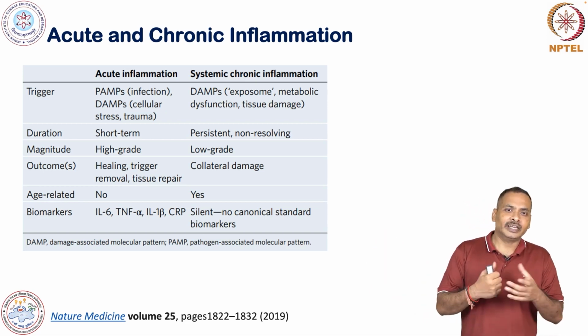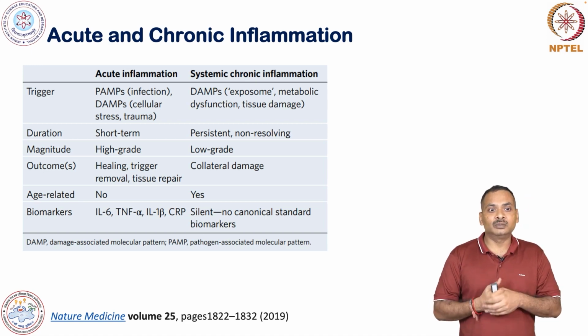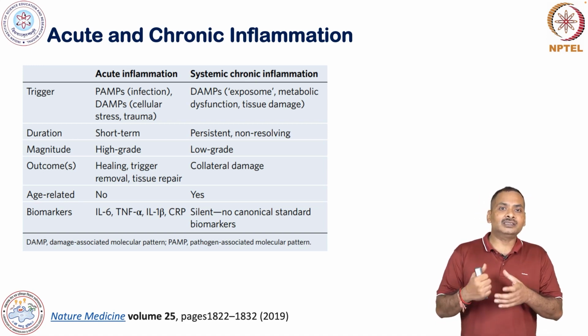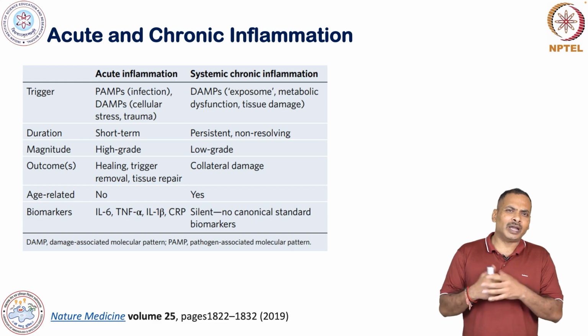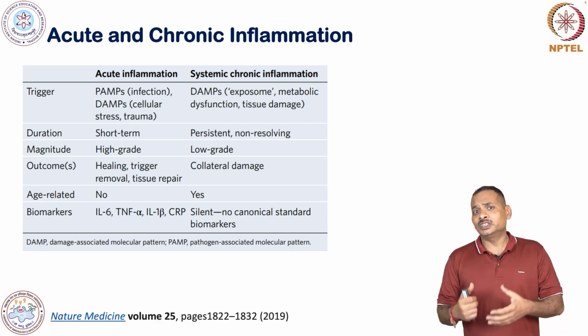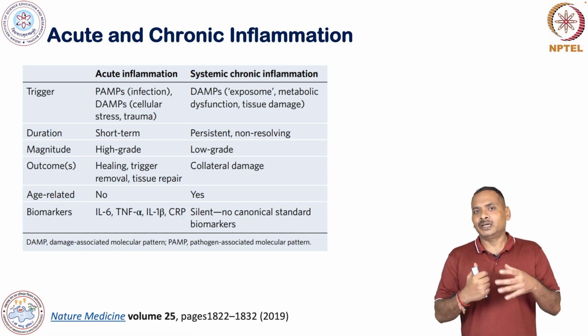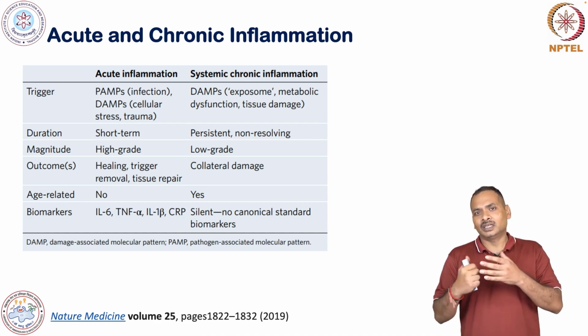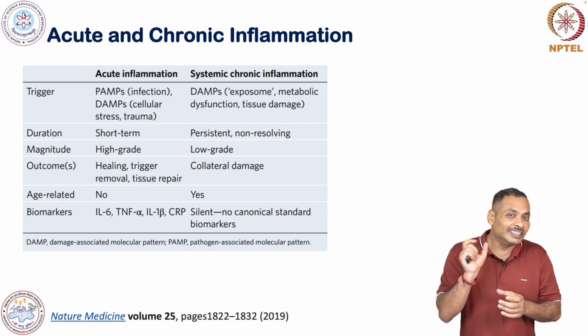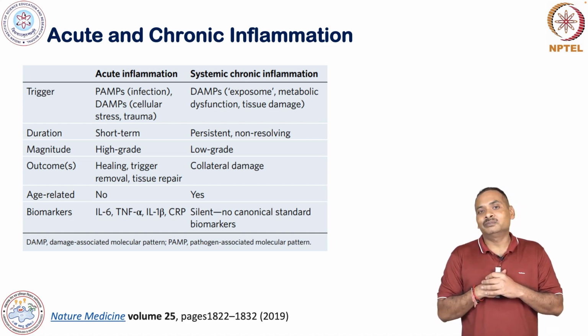So acute inflammation is basically triggered by PAMPs, DAMPs. PAMPs stand for pathogen associated molecular pattern, and these are the signature molecules on the pathogen.